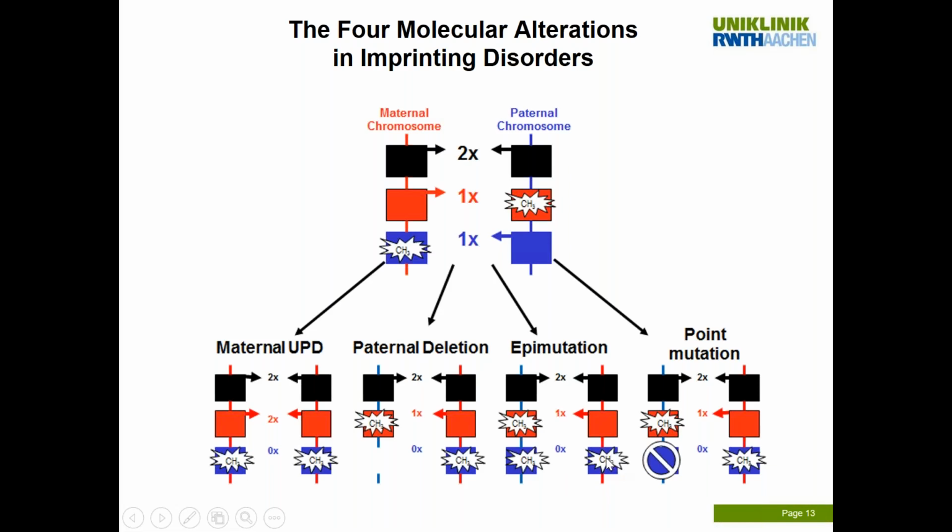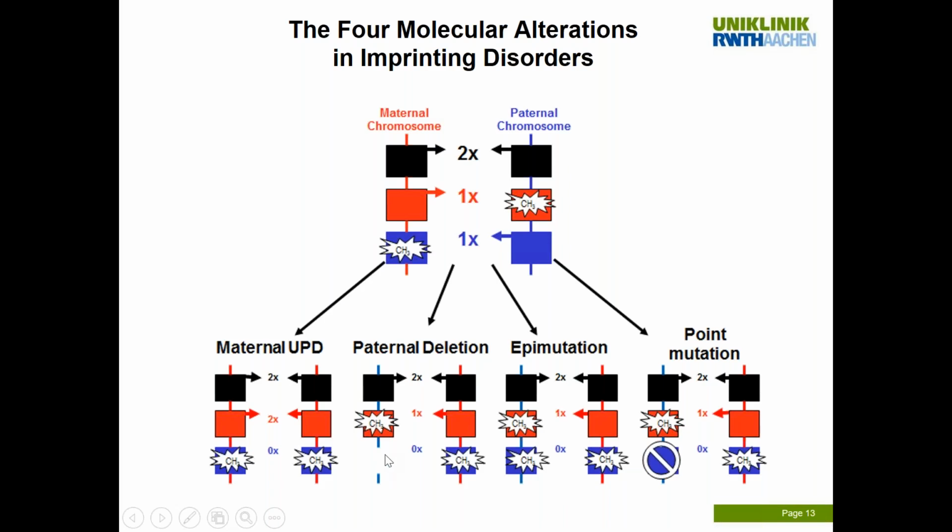In that situation, the paternal gene, which should be active on the paternal chromosome, is silenced due to a methyl group. This is called hypermethylation, but we also observe hypomethylation with a hyperactivation and overexpression of the maternally expressed genes. So you can have different situations disturbing these imprinting domains, and you can have different types of mutations.